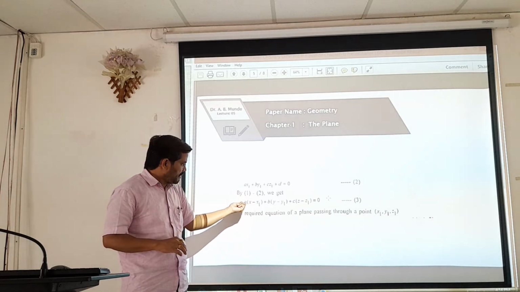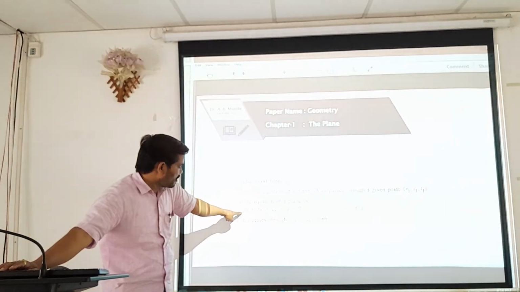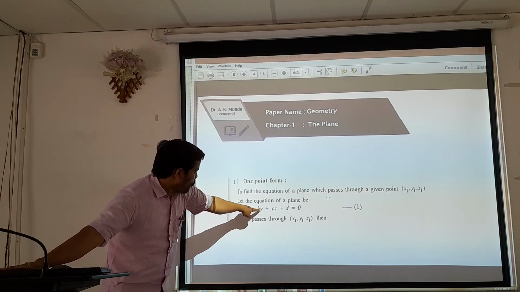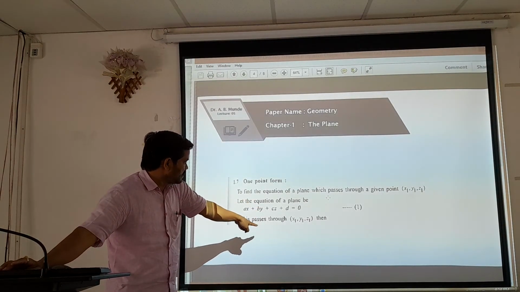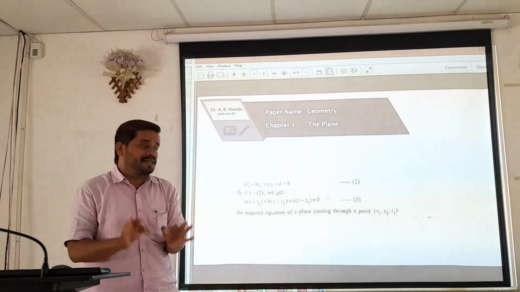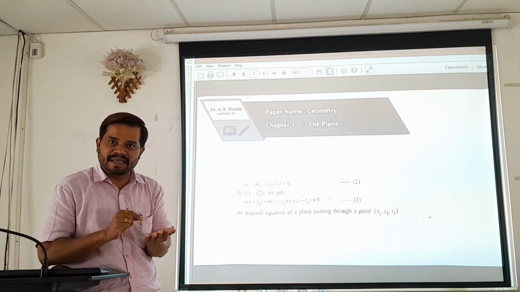Look at equation number 1. Here is also a(x - x1), then b(y - y1) and c(z - z1), and that's why this is the required equation of a plane passing through the point x1, y1 and z1.